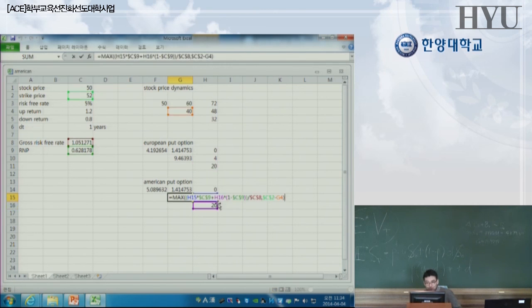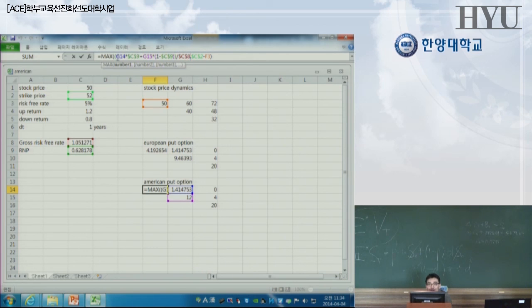So I get the expected value of this. Now I calculate the expected value of the next two scenarios and then discount back.